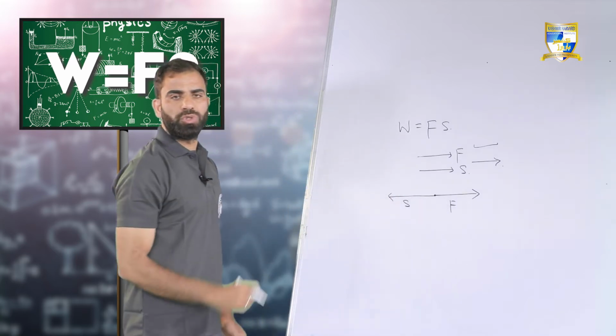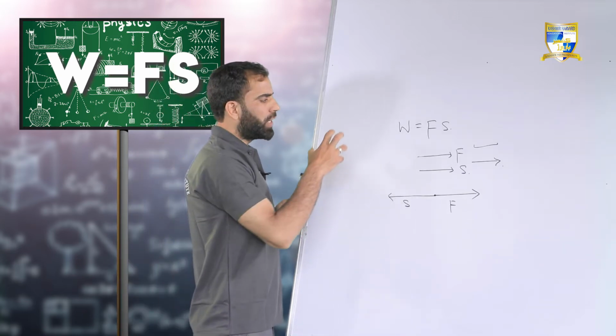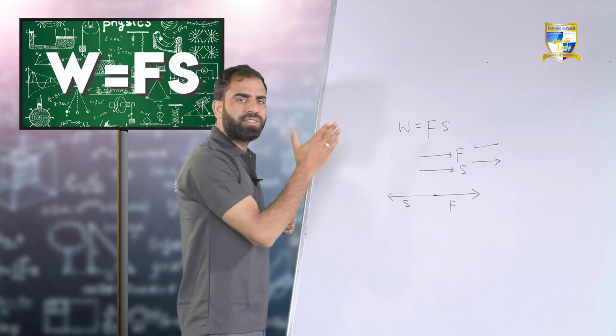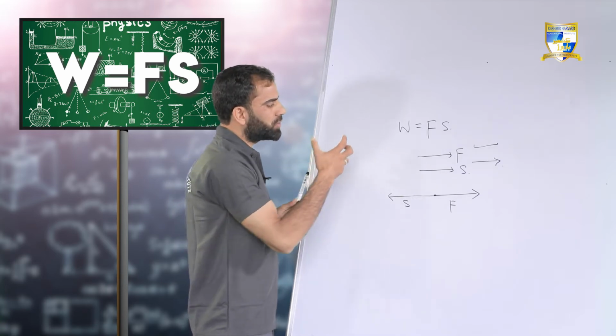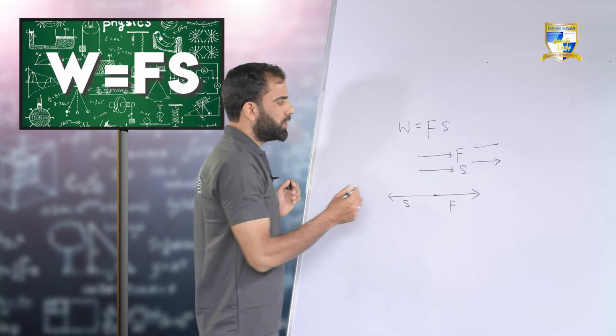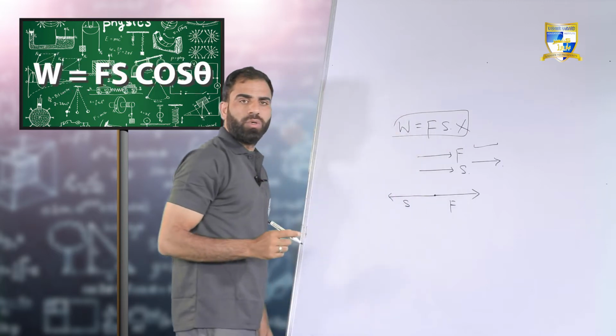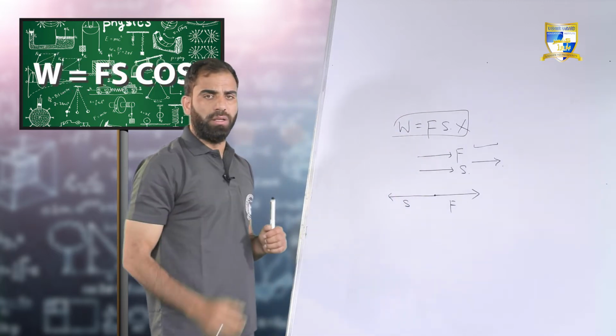acting in opposite direction. Let us assume that we are applying force at some angle; how are we going to calculate the work done there? This formula will not work when we are applying force at some angle.